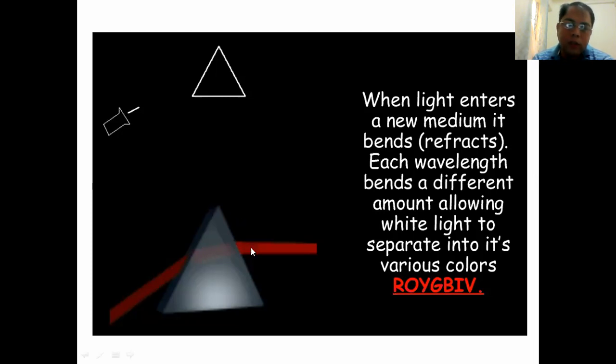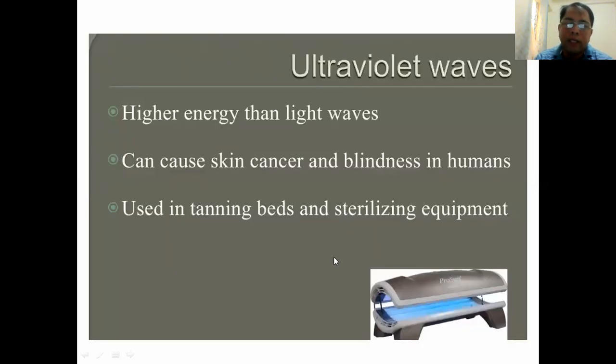The principle there is of course refraction. Light always bends because it changes its speed as it enters the piece of glass. So the refraction of light here produces the seven varied colors of light.